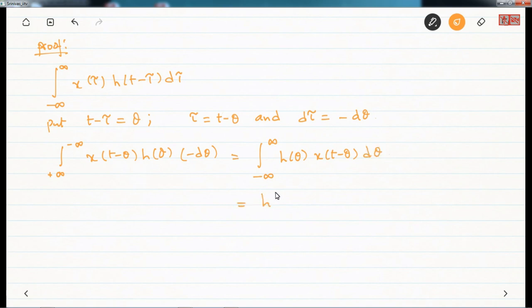So this is nothing but convolving h of t with x of t. So x of t convolved with h of t is equal to h of t convolved with x of t.